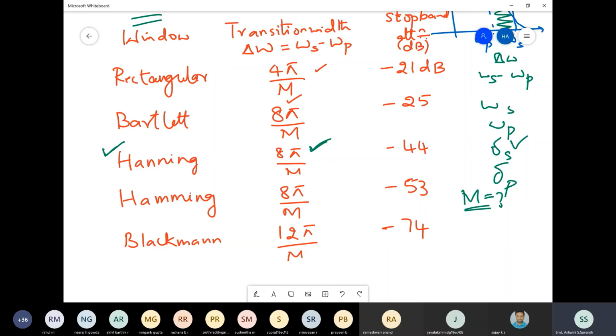So this order M, sometimes even capital N is used in place of M. It's one and the same. We don't have to get confused with that. So for these windows, let us write down the expressions or the equations for the window functions, which will be useful for the design problems.